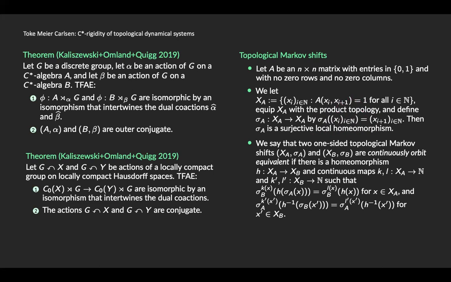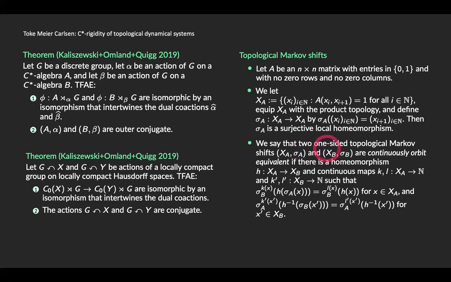So we say that two one-sided topological Markov shifts, I call them one-sided because our sequences here are one-sided. They are indexed by the non-negative integers. Later on, we will talk about two-sided sequences. But for now, we look at one-sided sequences.